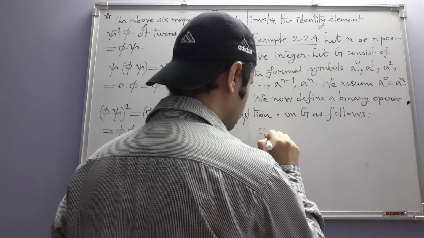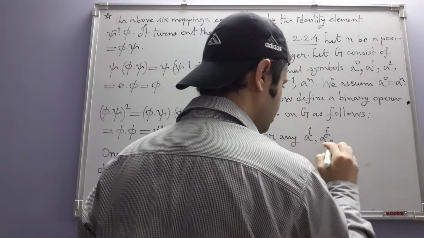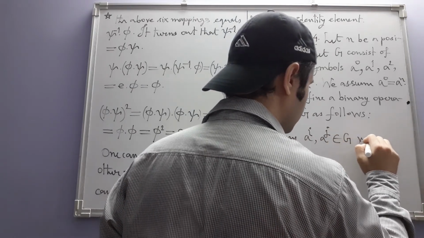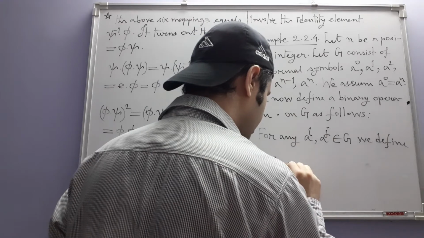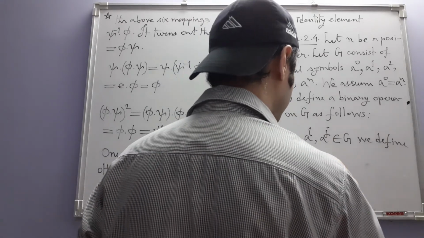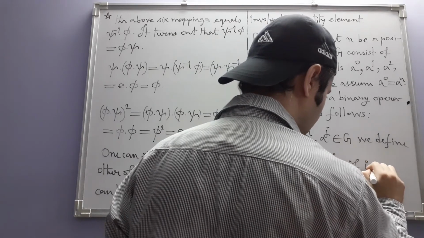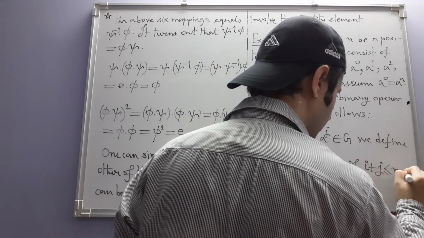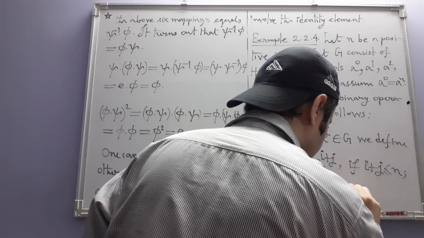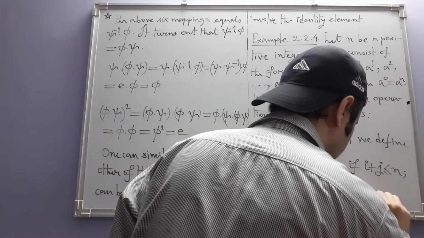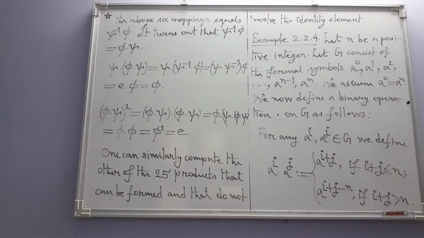For any a to the power i, a to the power j in G, we define a to the power i dot a to the power j to be equal to a to the power i plus j if i plus j is less than or equal to n, and it is defined to be equal to a to the power i plus j minus n if i plus j is greater than n. This is my definition of the binary operation.